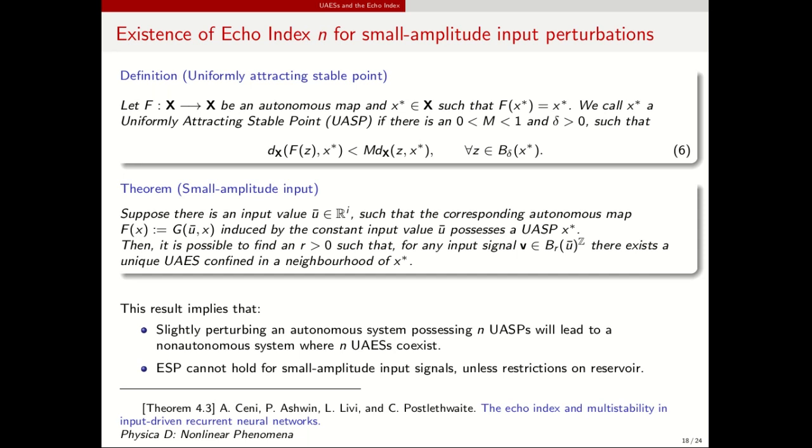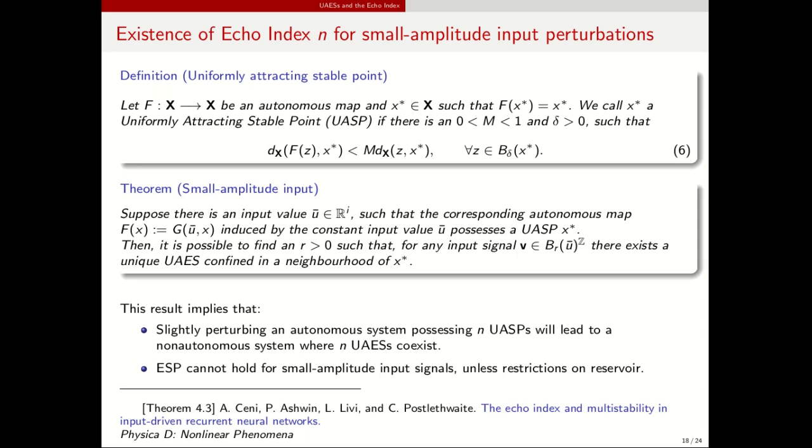For example, they can be generated from an autonomous map by perturbing it with some noise or small input perturbations. And what we observe, the corresponding non-autonomous attractor will be, in that particular case, a uniformly attracting entire solution.